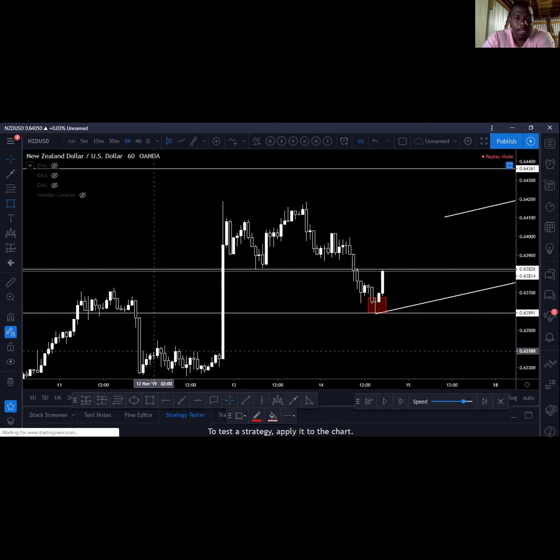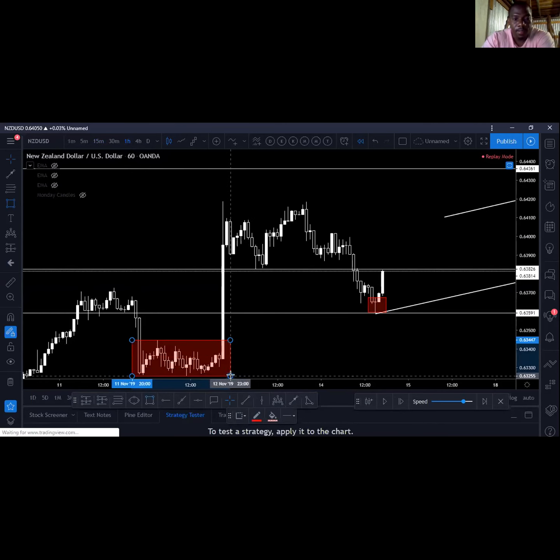I can box it up again. You can see price was in a nice zone here, or what we will call consolidation, or a range. And what we have here is a nice big engulfing candle leaving our zone.